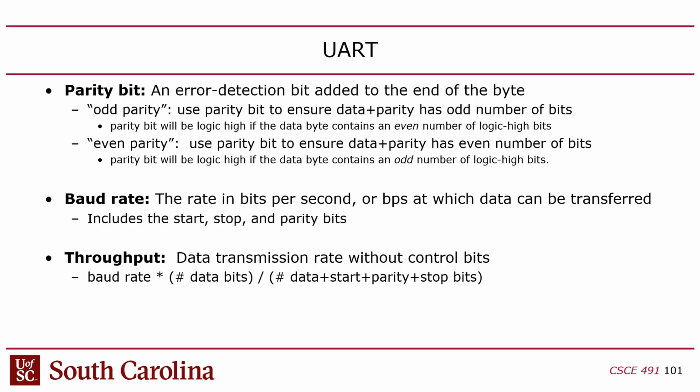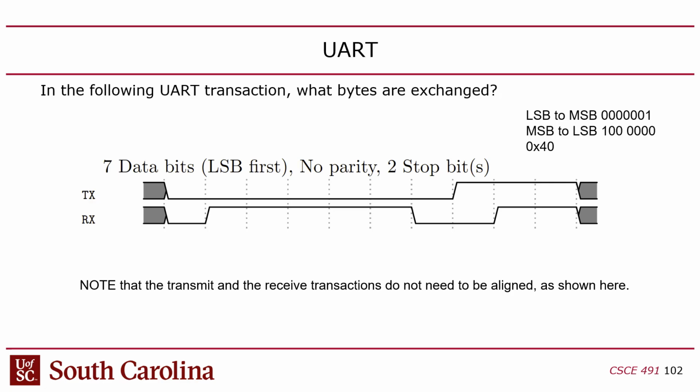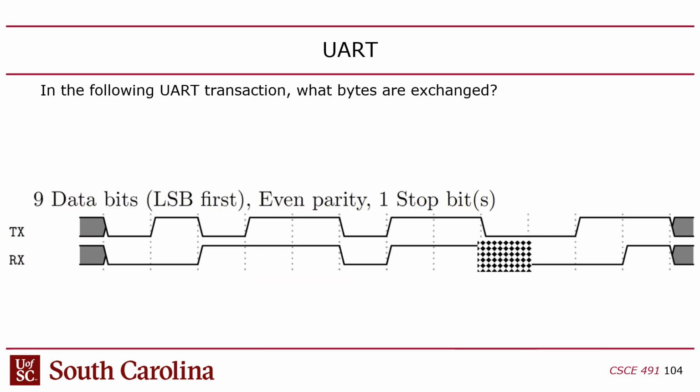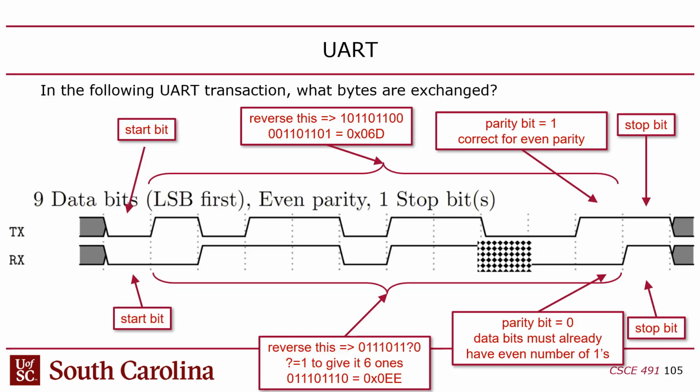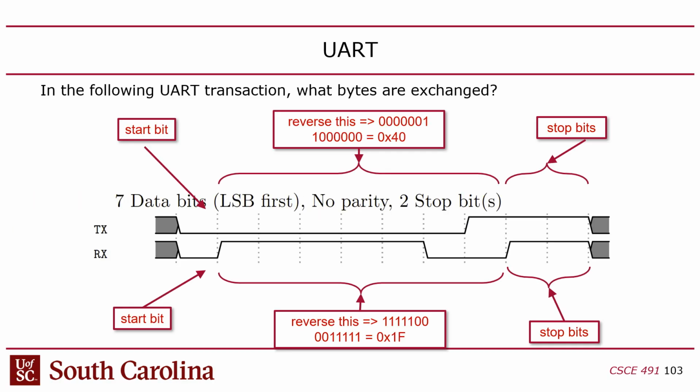It's unlikely when the speed is low, and UART is usually low speed compared to SPI. But the parity bit is designed to detect if there's an error. Okay, so these guys have parity.